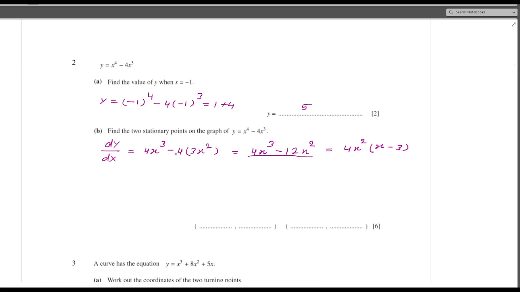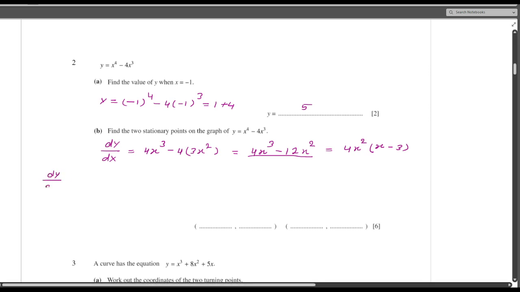Now for stationary point, you know the condition is dy by dx is 0. So this implies that 4x square into x minus 3 is equal to 0, and this will indicate that x is 0 or x is 3.